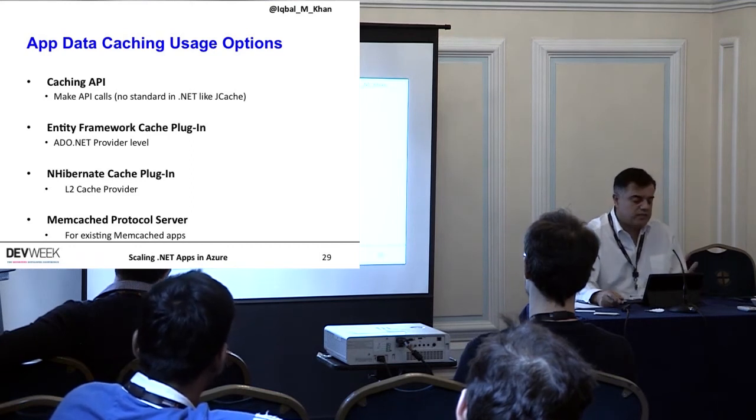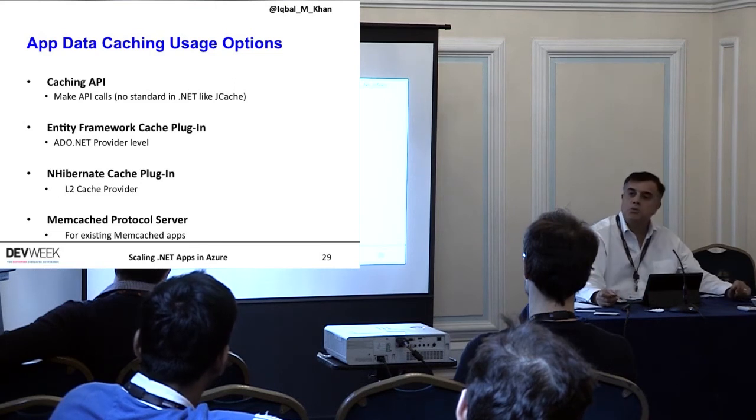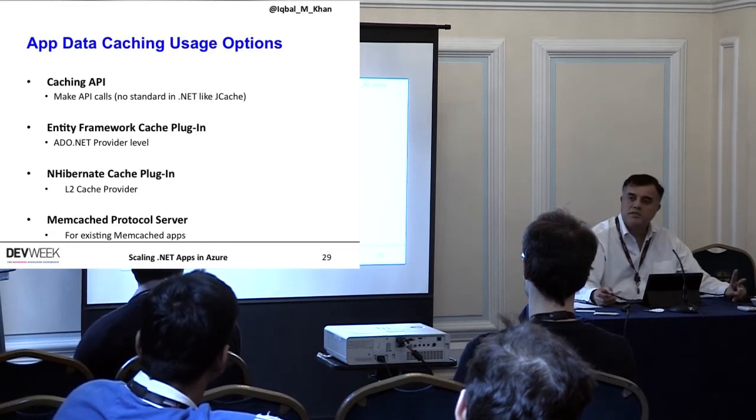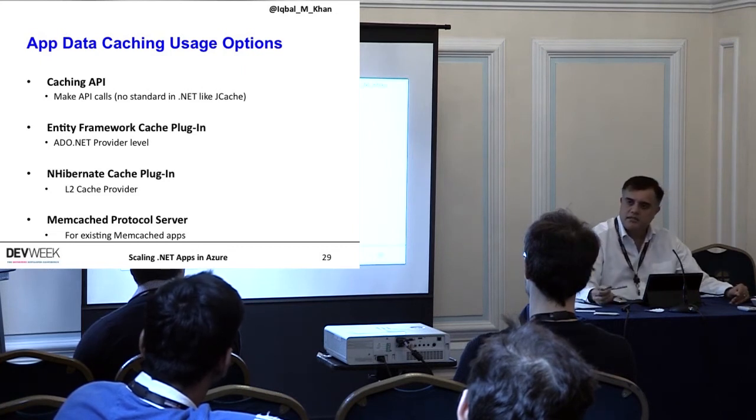Although Entity Framework has become very popular in .NET because Microsoft is pushing it, and also it's pretty good actually. But those are the 2 leading object relational mapping engines that .NET developers use. And if you're using an OR mapping engine, you can plug in a cache without any programming. It's always nice to be able to plug in, right? So there's no programming needed.